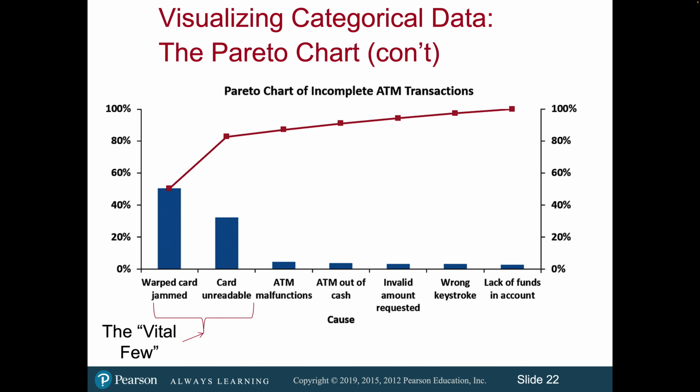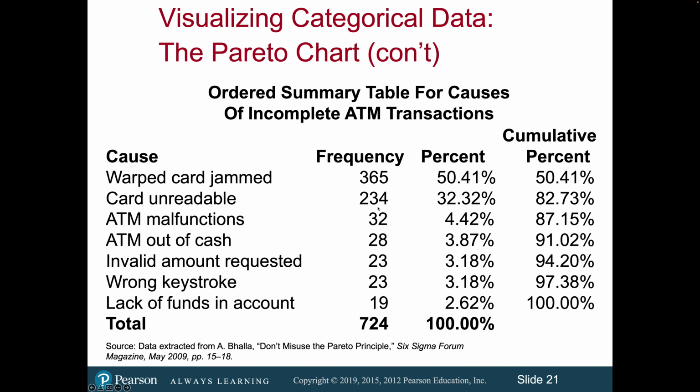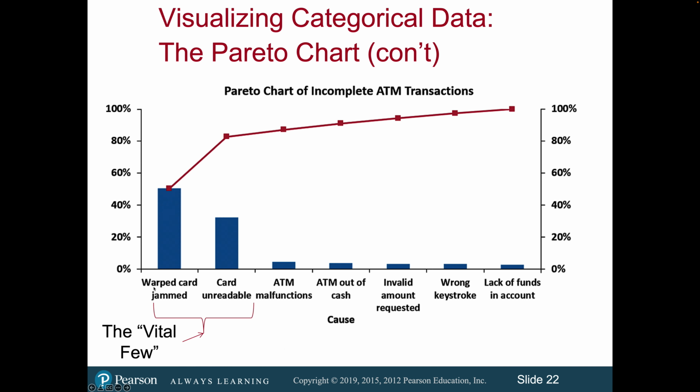For a Pareto chart, we're visualizing categorical data, and to make this appropriately, you have to start with the category that's the highest, the second highest, the third highest, the fourth highest, and so on. So if I go back, you can see that I have these frequencies from highest to lowest. This would map directly onto the sequence of presenting the different reasons for incomplete ATM transactions.